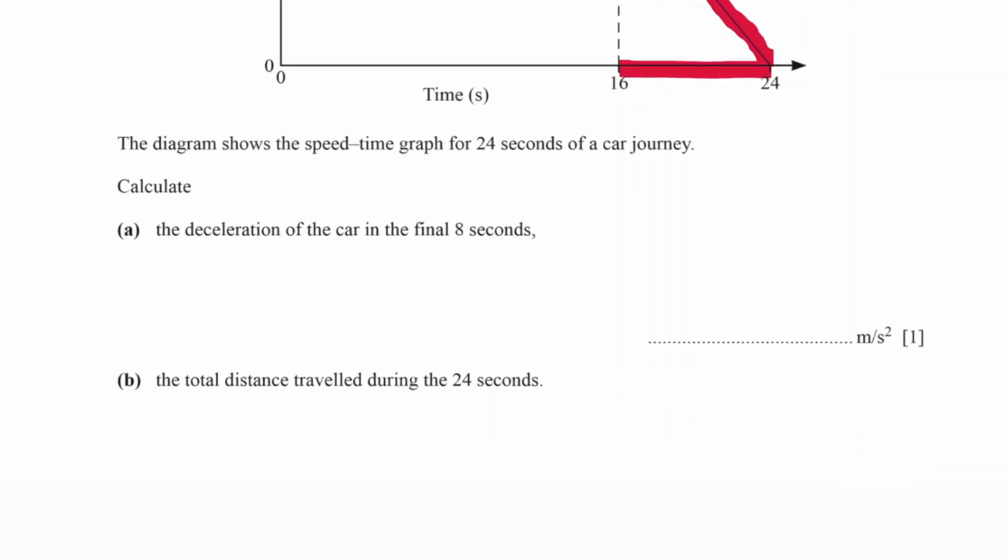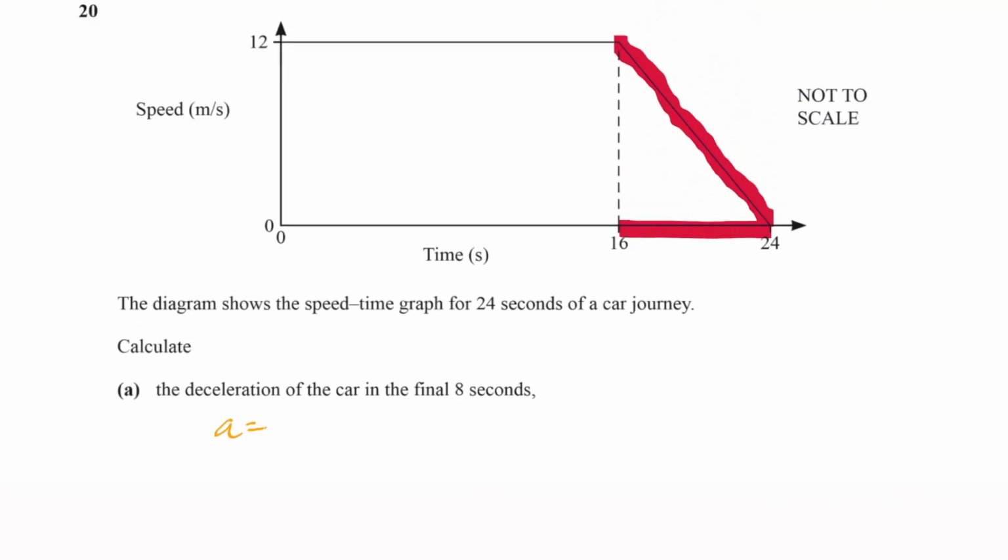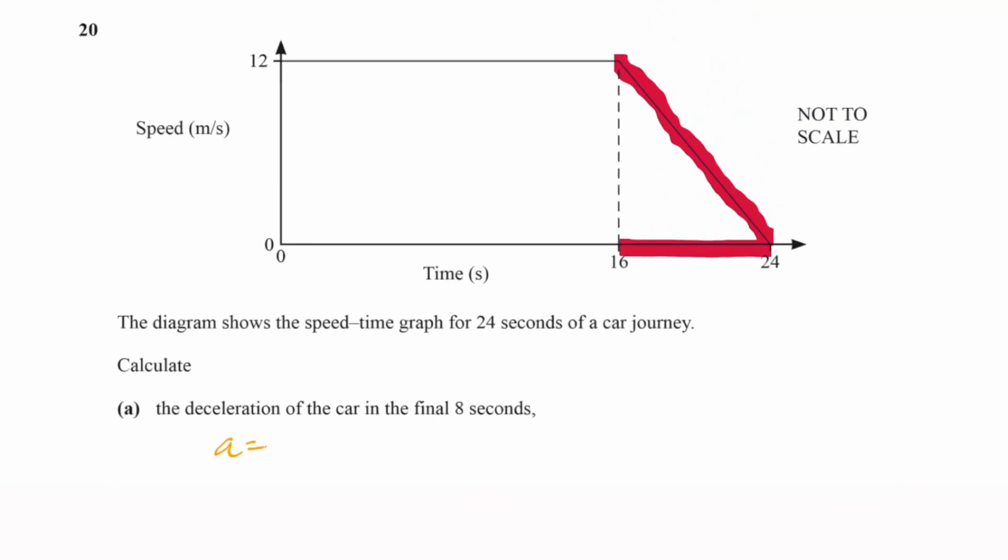Deceleration is there. So you know that the acceleration formula is actually change in velocity by change in time. So deceleration will use the same thing. So we can write it as change in velocity, right? Change in velocity, or change in speed, that's what it meant. So what is the change in speed? Before it was 12 and now it comes to 0, because it's coming down and it lands at 0, right?